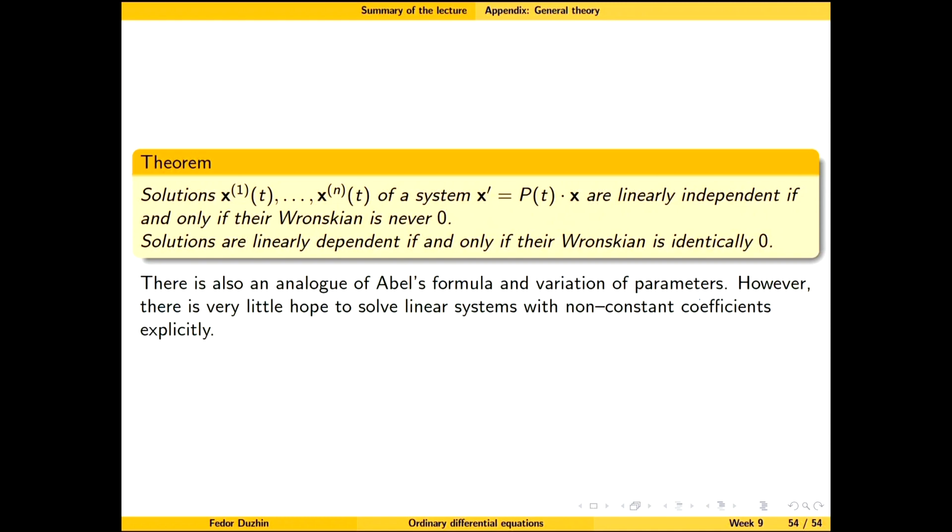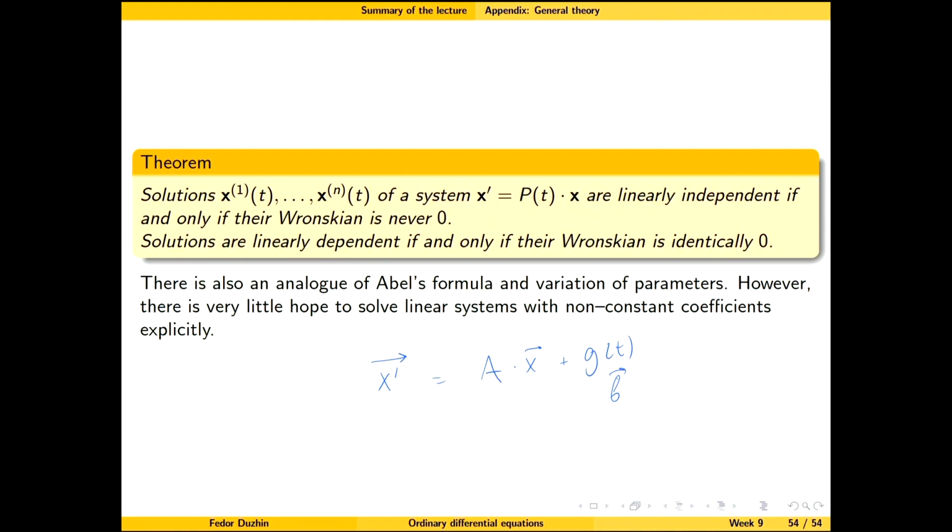There is also an analog of Abel's formula, and there is even a method of variation of parameters, but of course it becomes pretty complicated when you apply it to systems, but it still exists. So when we have a system of differential equations that goes like x prime equals p of t times, say, a constant matrix times x plus g of t, then replacing g of t with a constant vector doesn't make it simpler, because there is variation of parameters anyway.